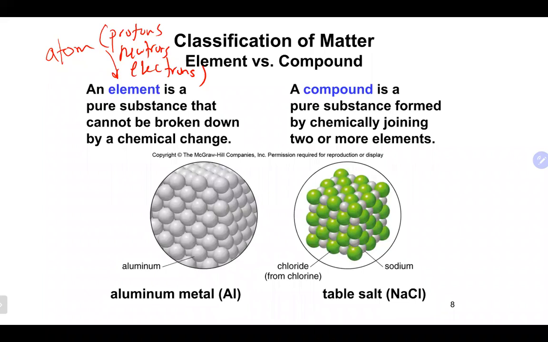Now there is a common misconception or misunderstanding of another word and how it differs from something like a compound, and that word is a molecule. A molecule is two or more atoms together.